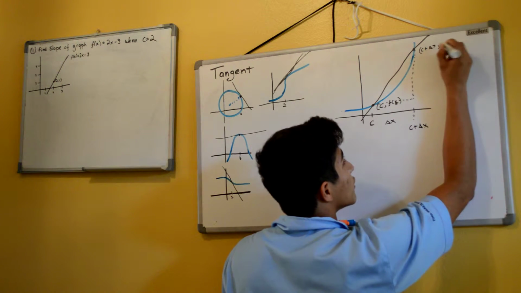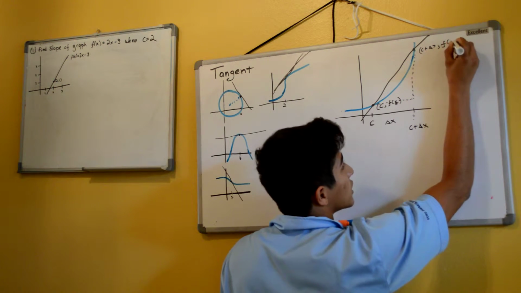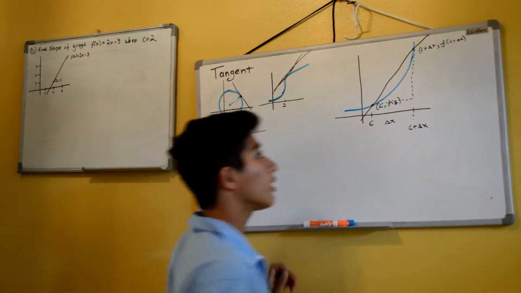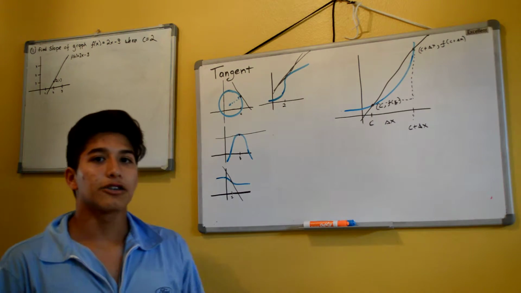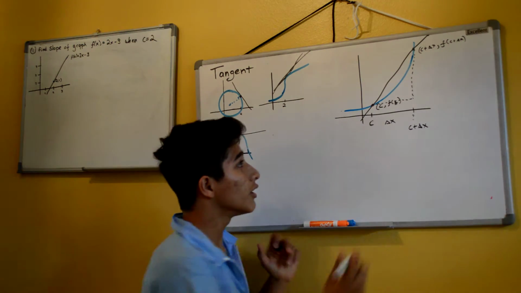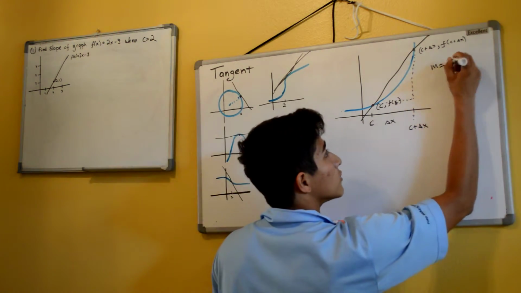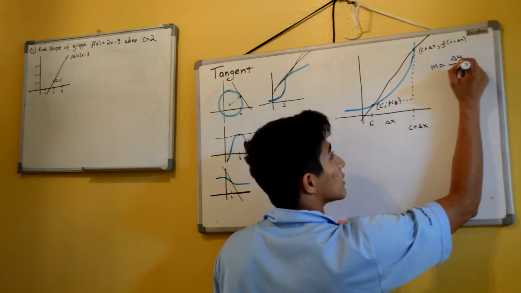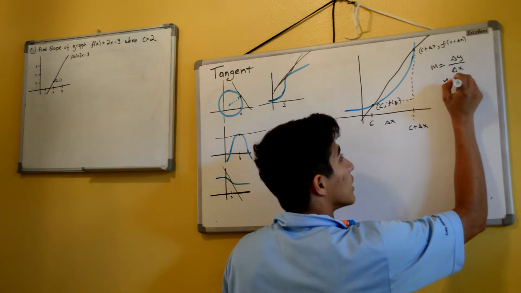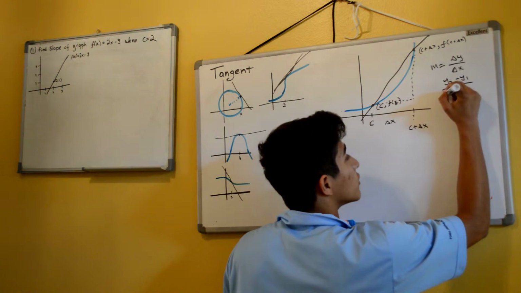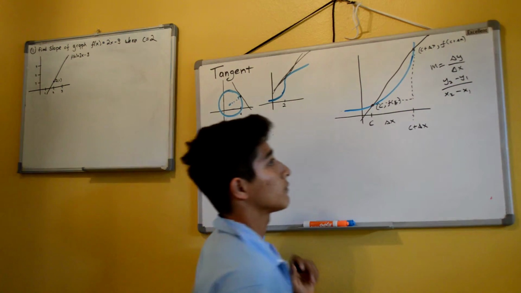And the y value is just going to be f of c plus delta x. Alright, so now we have x and y values of each point. So now to find the slope, you know the slope m is equal to delta y over delta x. Which another way you could write it is basically just y2 minus y1 over x2 minus x1.